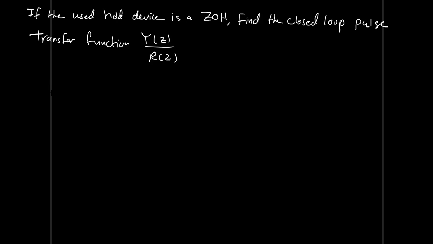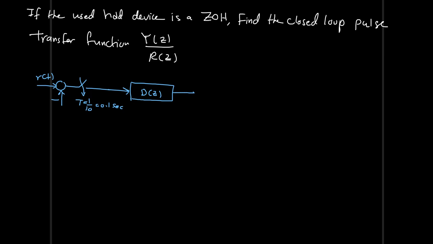Now if we replot the block diagram, this is R of t. Here we have a comparator. Here we are representing the analog to digital converter by a sampler with a sampling T equal 1 over 10, which is 0.1 second. Now this is the D of z, and here we are representing the zero order hold with the plant as G of s.